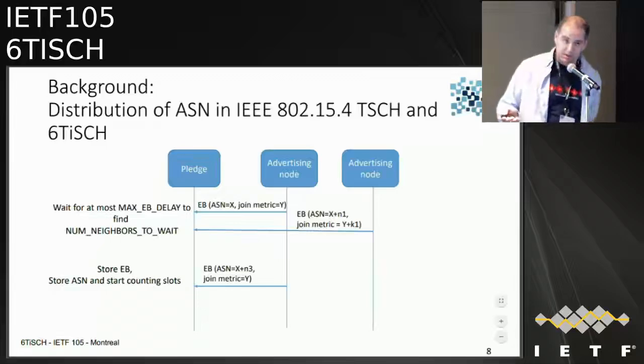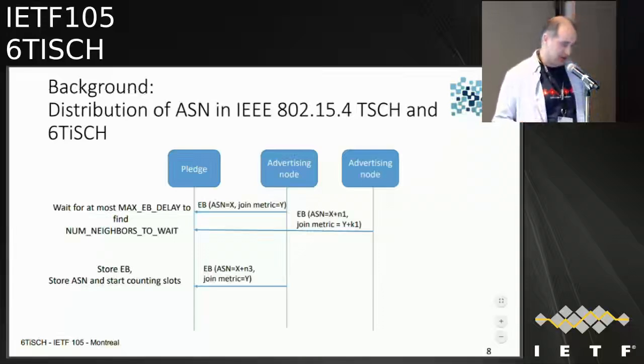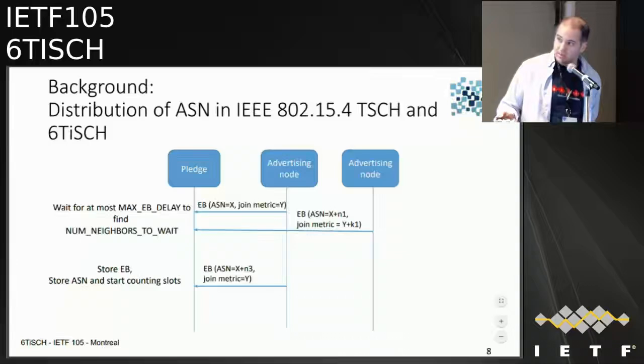The pledge, according to RFC 8180, waits for max CB delay time to find num neighbors to wait neighbors, essentially two parameters that specify how long the maximal scanning time should be, and how many neighbors the pledge should at least listen for.